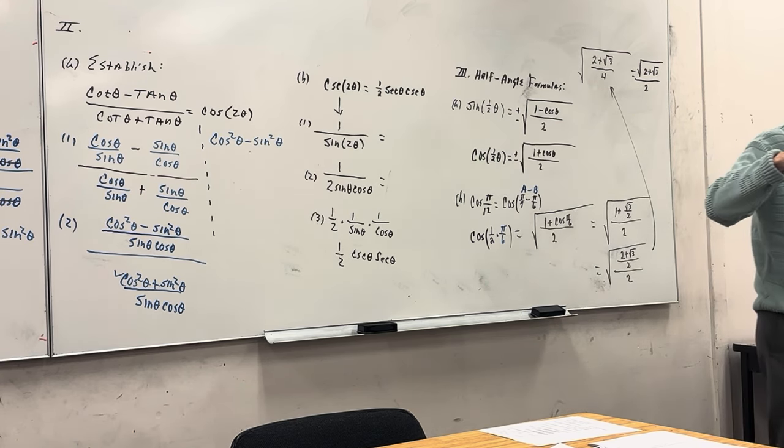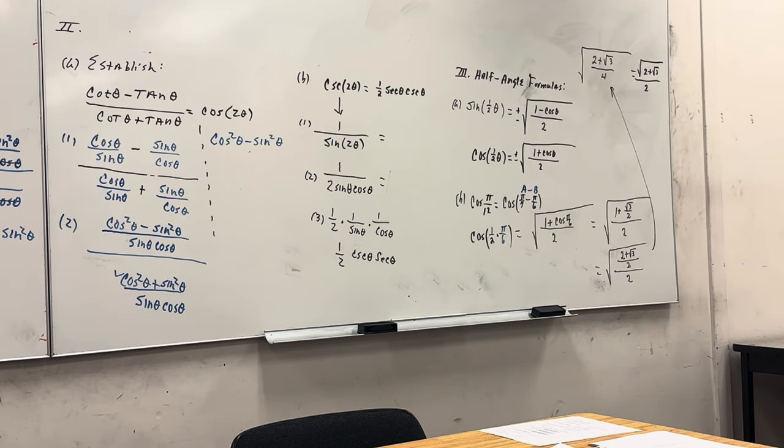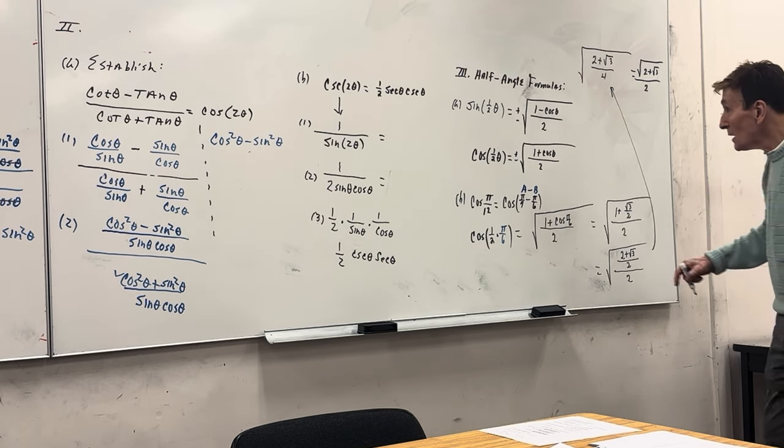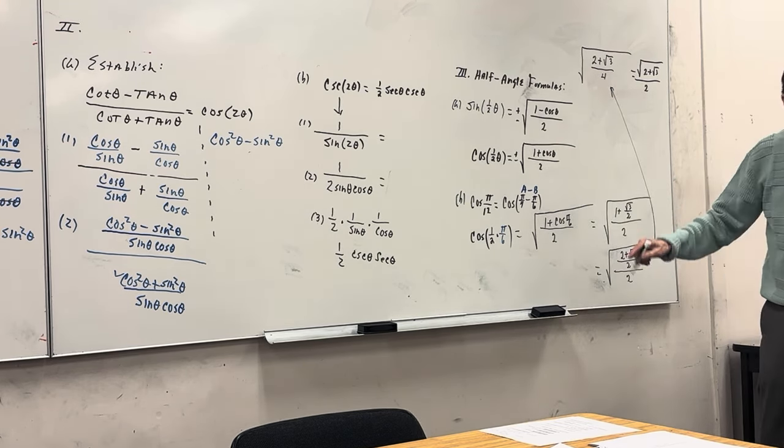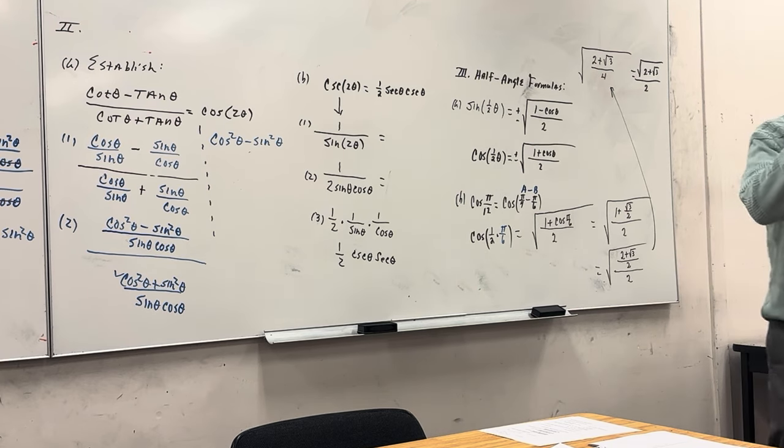If I should ask her to go to a calculator and calculate both, she'll say, oh Professor, the screen shows they are both the same value, though they don't look anything alike. Is either of them preferred? It depends on the situation. Physics uses this; they may ask you to use the half angle formula rather than A plus B or A minus B. And then we choose that it's positive because it's in quadrant 1.